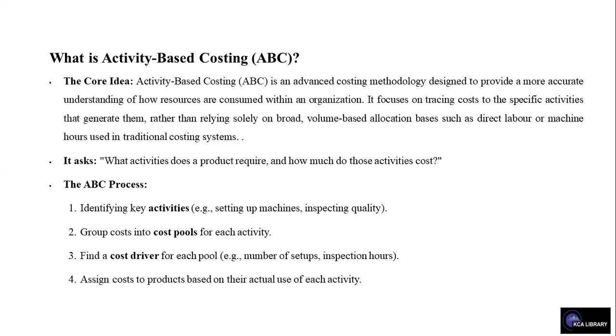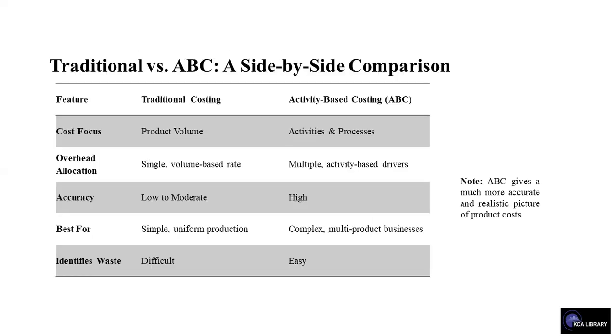It asks the question, what activities does a product require, and how much do those activities cost? The process of activity-based costing is: one, identifying key activities like setting up machines and inspecting quality. Next is grouping costs into a cost pool for each activity. The next step is to find a cost driver for each pool, and then assign costs to products based on their actual use of each activity.